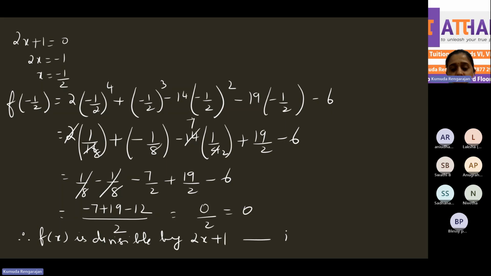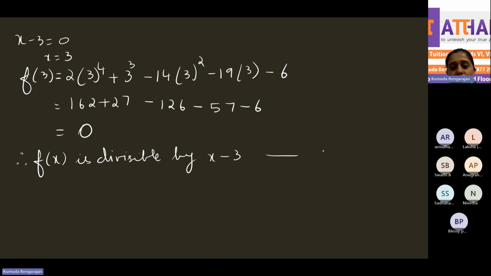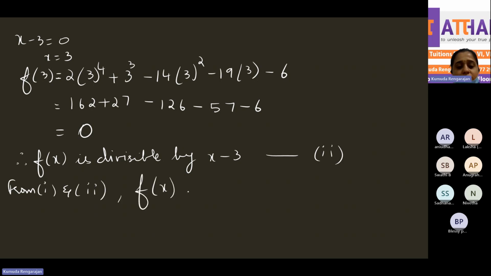You can call this 1. And here, therefore, f of x is divisible by x minus 3. You can call this 2. So from 1 and 2, f of x is divisible by g of x.